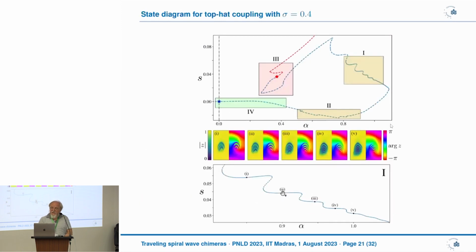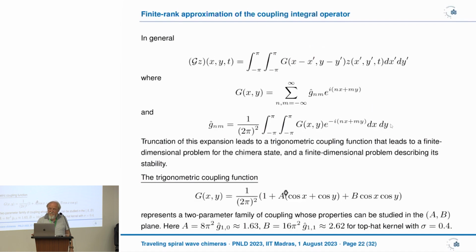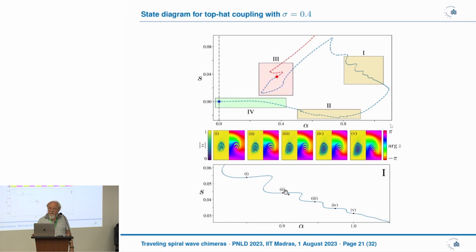So this is the type of result that you get from doing these calculations. On the horizontal axis, I have the phase lag parameter alpha, and on the vertical axis I have the speed. When alpha is 0, the problem is variational, so these structures cannot move.